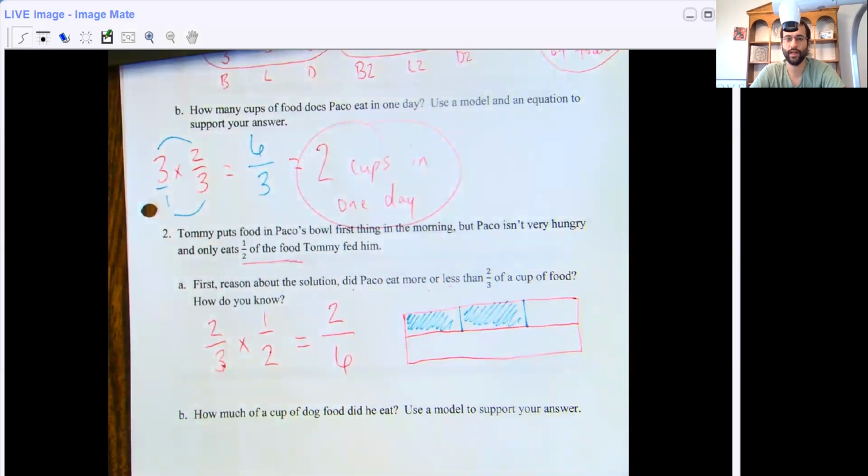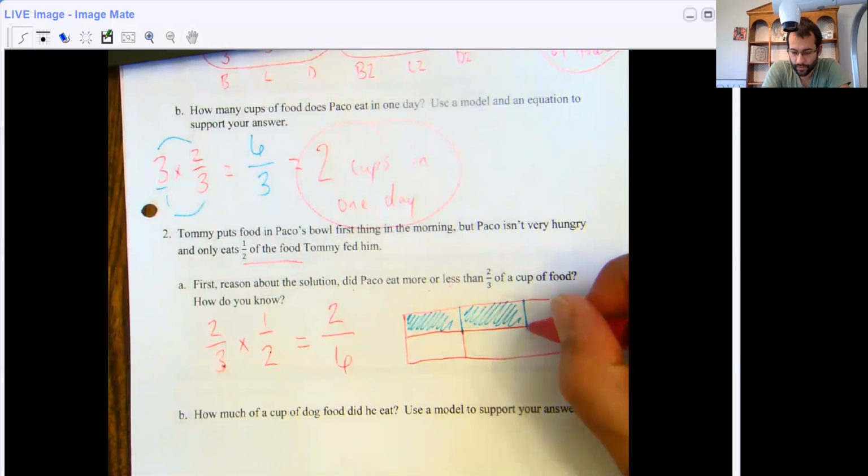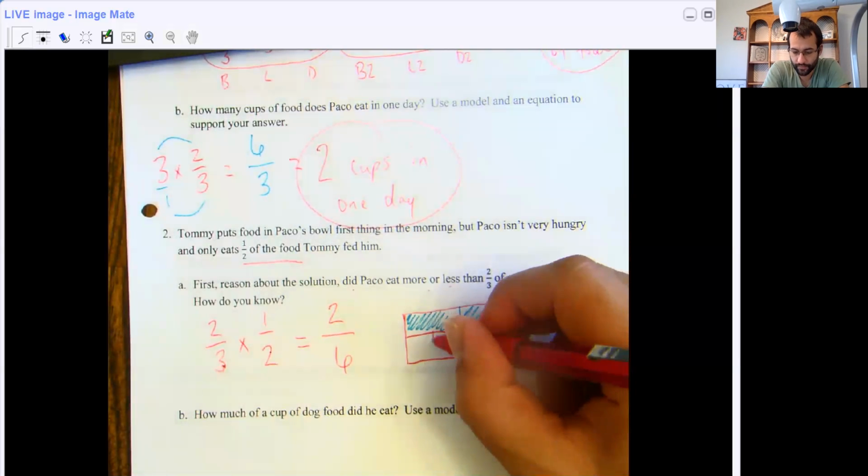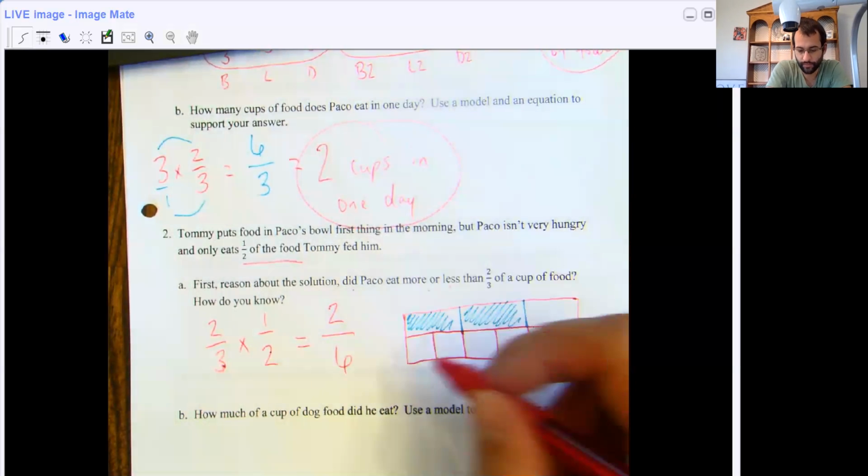There's 2/3. I'm going to split my second rectangle into 6ths. So there's 3, and then each of those in half. And I'm going to shade 2 of them.